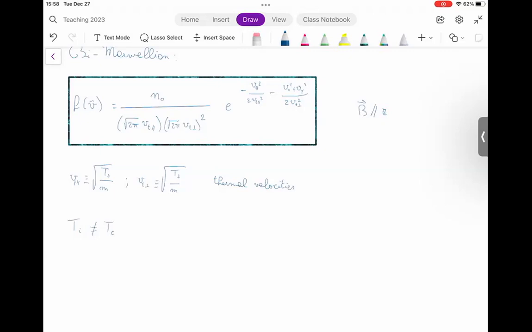That's all true, but think again of a system where you have a source of particles at a certain average kinetic energy, as in fusion products.